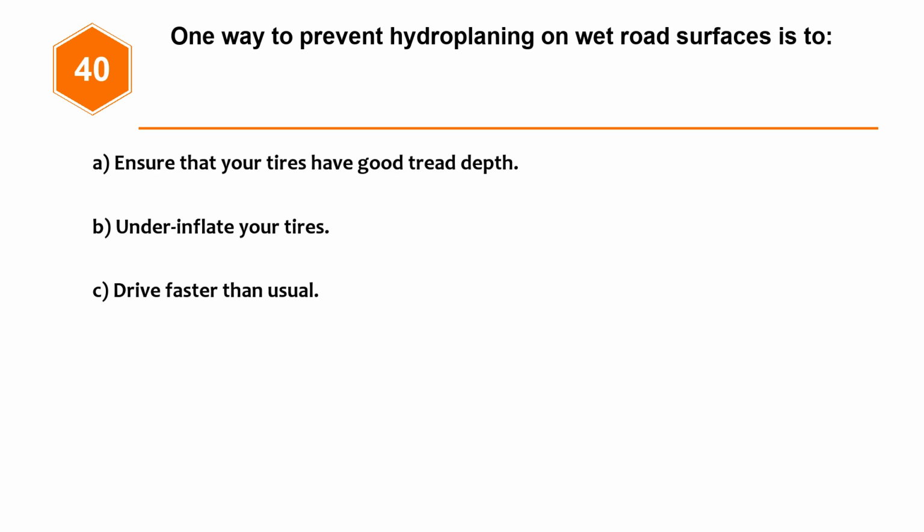Question 40. One way to prevent hydroplaning on wet road surfaces is to Option A, ensure that your tires have good tread depth. Option B, underinflate your tires. Option C, drive faster than usual.